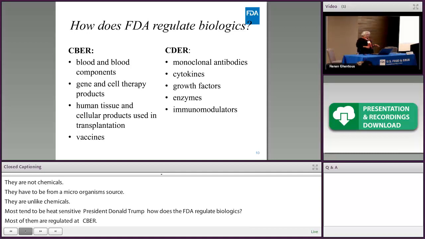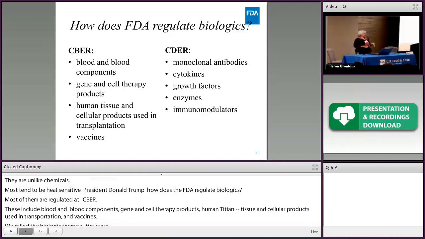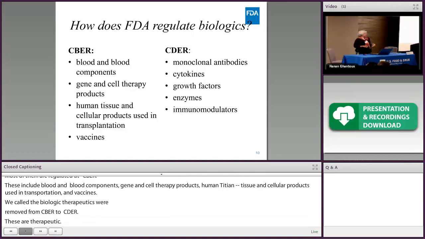So what's listed under CDER, monoclonal antibodies, cytokines, etc., these are therapeutic. So any biologic that is used as a therapeutic to treat an indication is now in CDER. Depending on that indication, it's in that division.